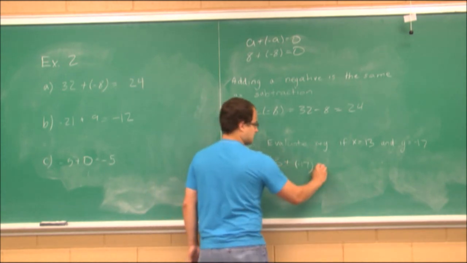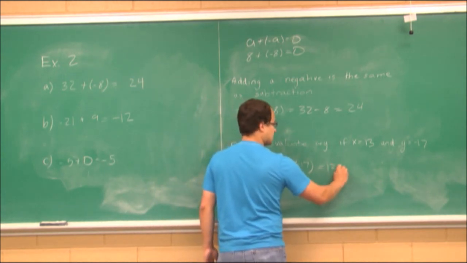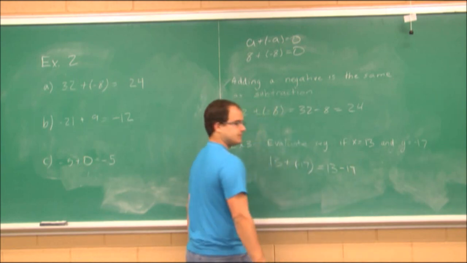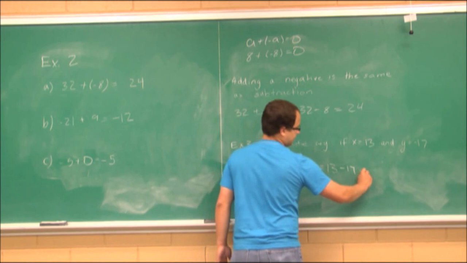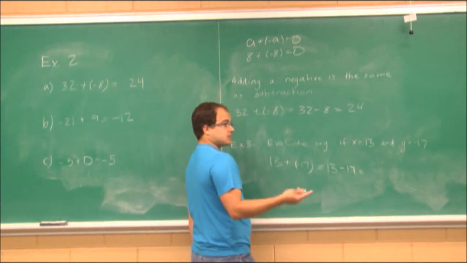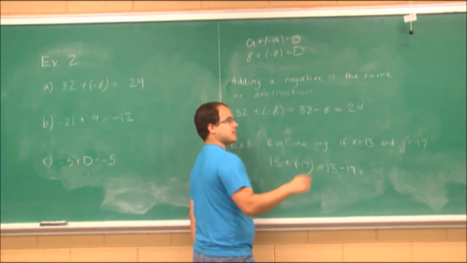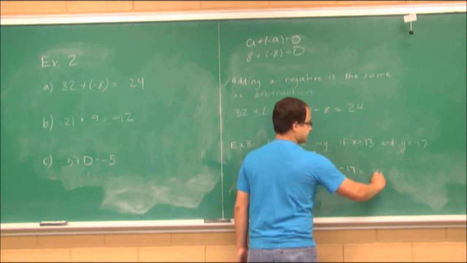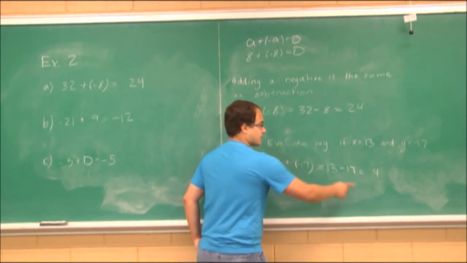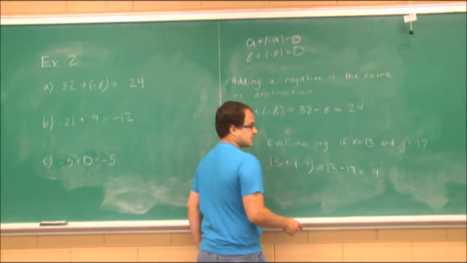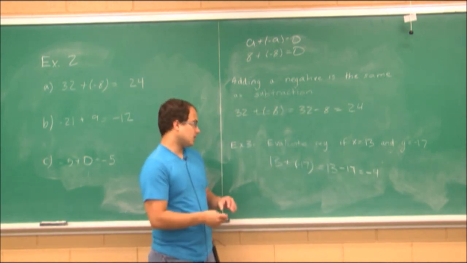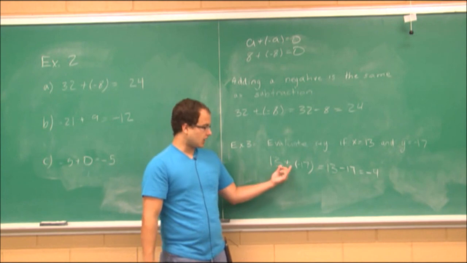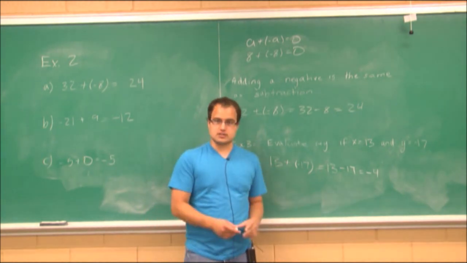Adding a negative is the same as subtraction, so 13 minus 17. They have opposite signs, positive, negative, so I'm going to subtract them. 17 minus 13 is 4. The larger number, 17, is negative, so my final answer will be negative. So 13 plus negative 17 equals negative 4.